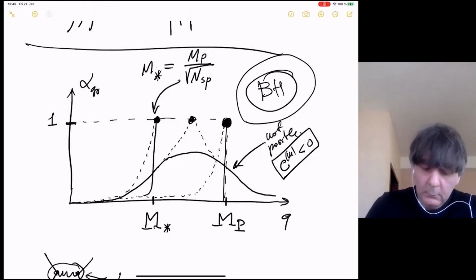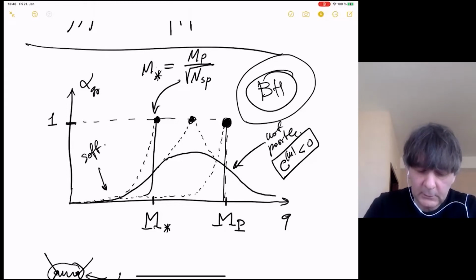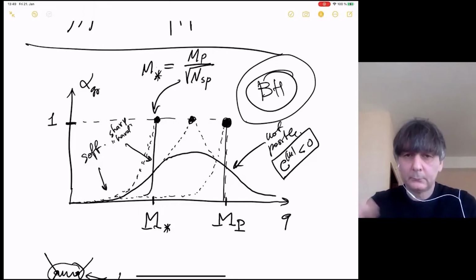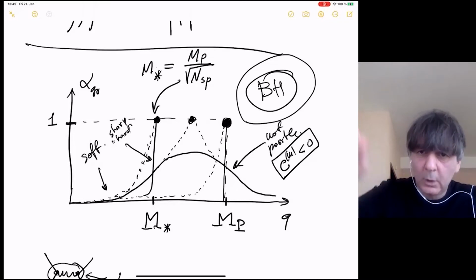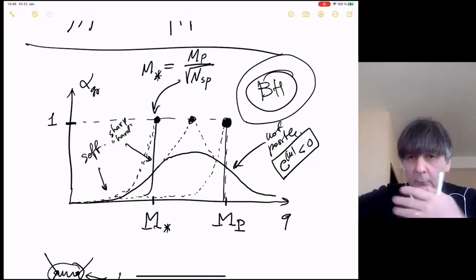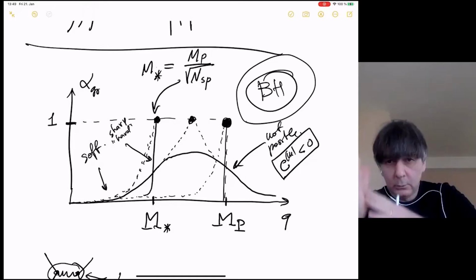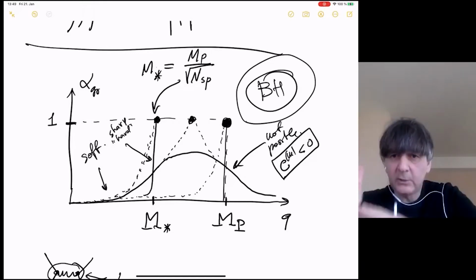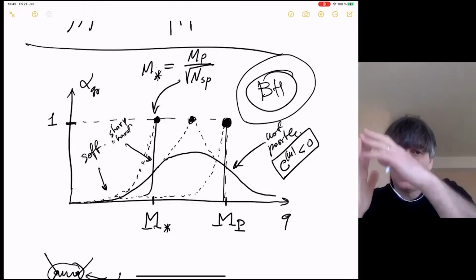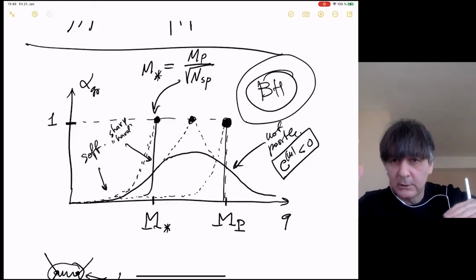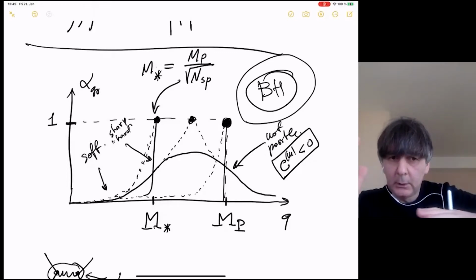This can happen smoothly, because the increase could be a smooth or soft transition, like that. Or the transition could be sharp, or hard. In other words, towards the cutoff, when we have a large number of particle species, the cutoff is lowered, and the transition to the strong coupling regime could be very sharp. The new degrees of freedom may open up very close to the cutoff, or the transition could be sufficiently smooth and soft.